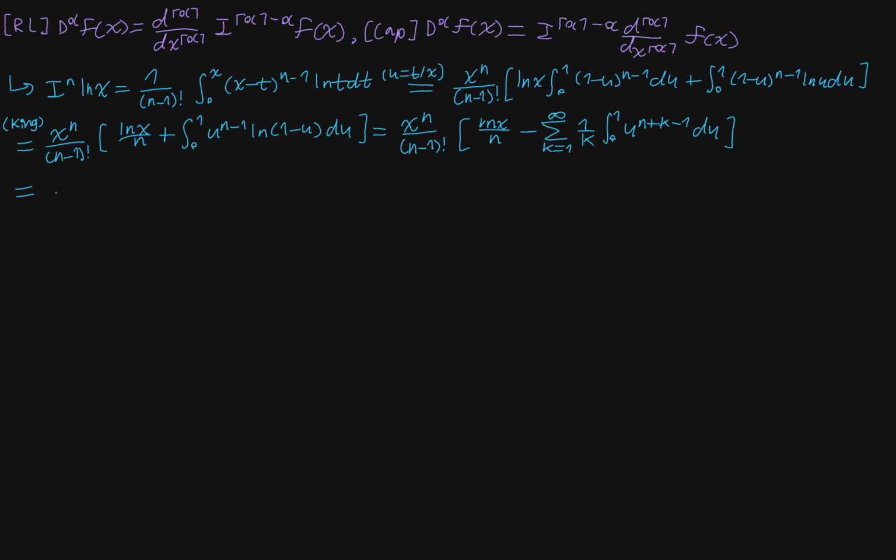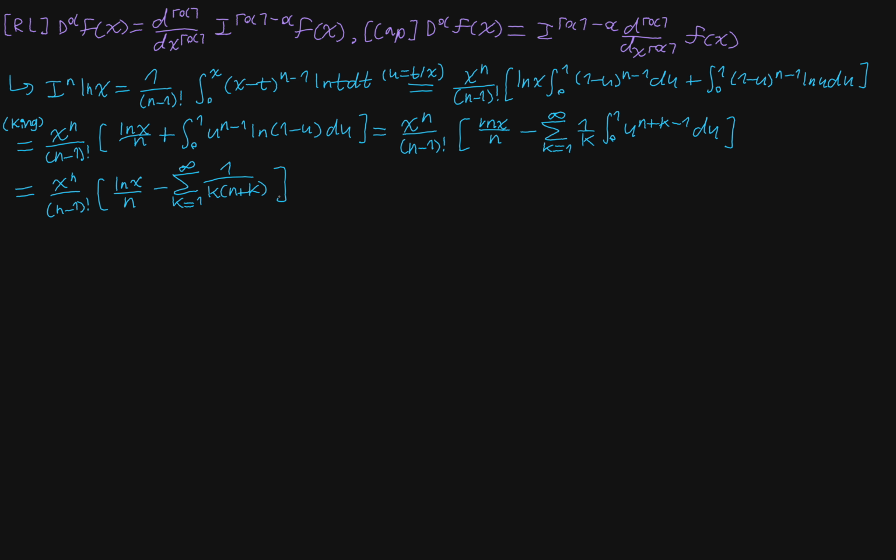And so this is going to evaluate to x to the n over (n minus 1) factorial times natural log of x over n minus this sum right over here, k equals from 1 to infinity of 1 over k times (n plus k).